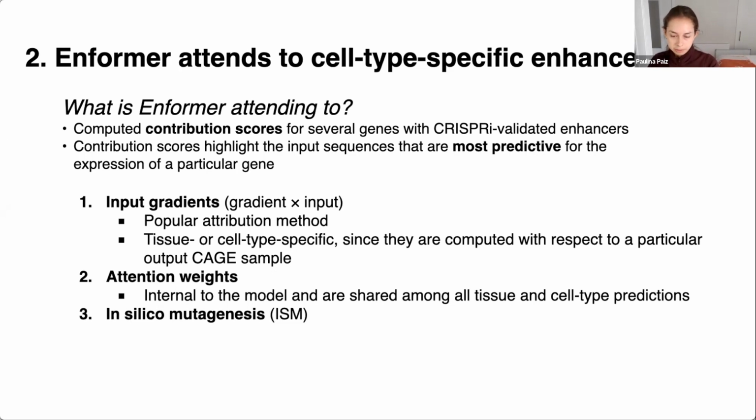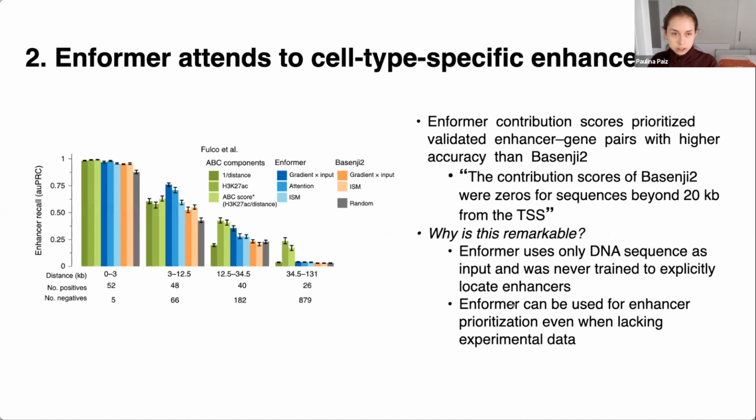The result is that they found Enformer contribution scores prioritized validated enhancer gene pairs with higher accuracy than Basenji 2. And they say in the paper, quote, the contribution scores of Basenji 2 were zeros for sequences beyond 20 kb from the transcription start site. I cannot see that in their figure.